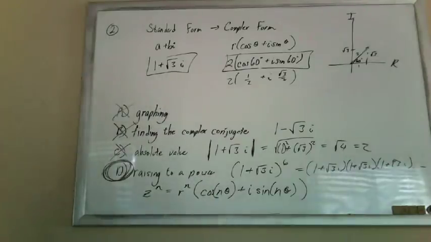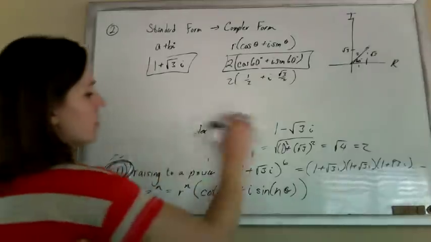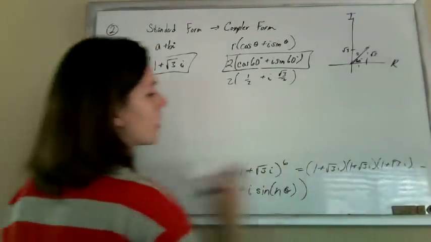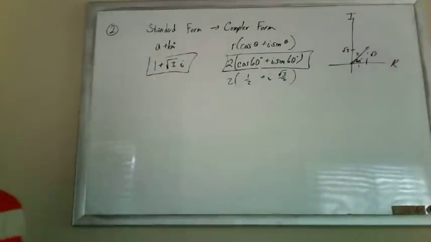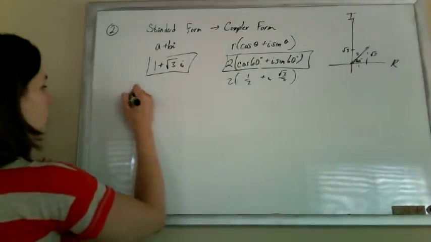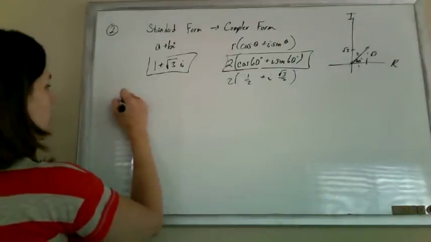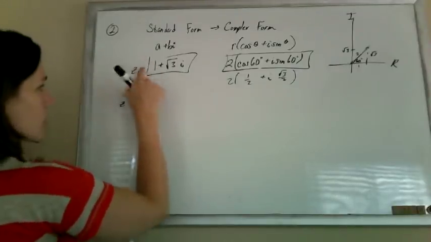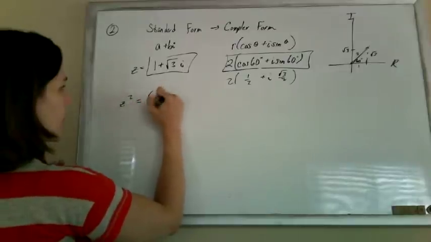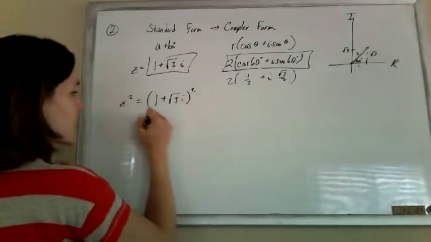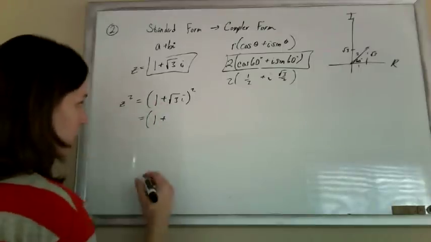Let's just play with this a second to make sure this thing actually works. Let's say we'll do one that we can check, right? If we wanted to find out what z squared was, and this is our original z, then I could do it by taking 1 plus root 3i squared. And this one is not hard. I chose one that we can do.